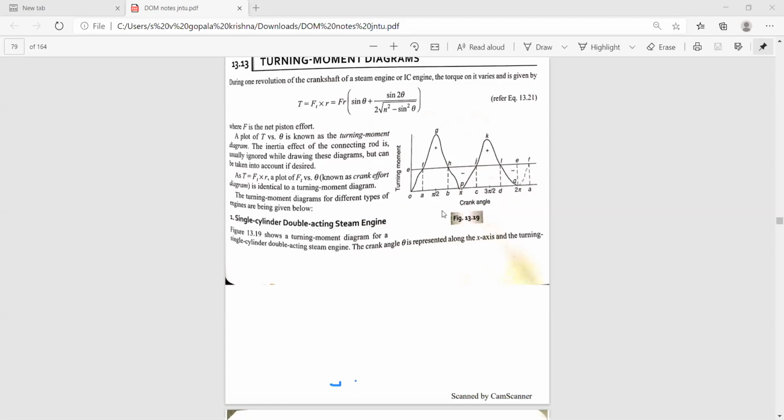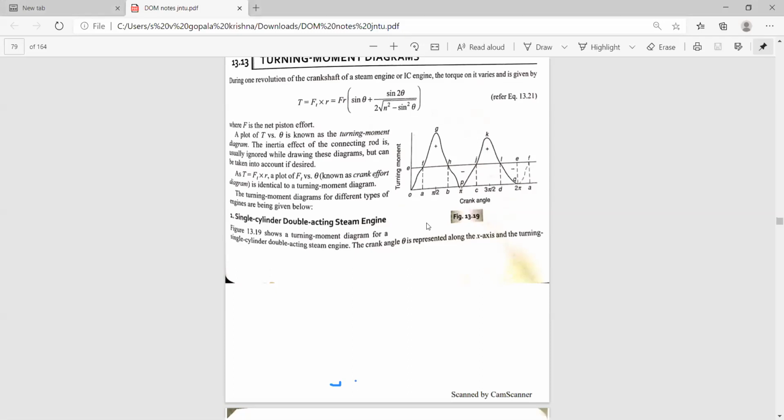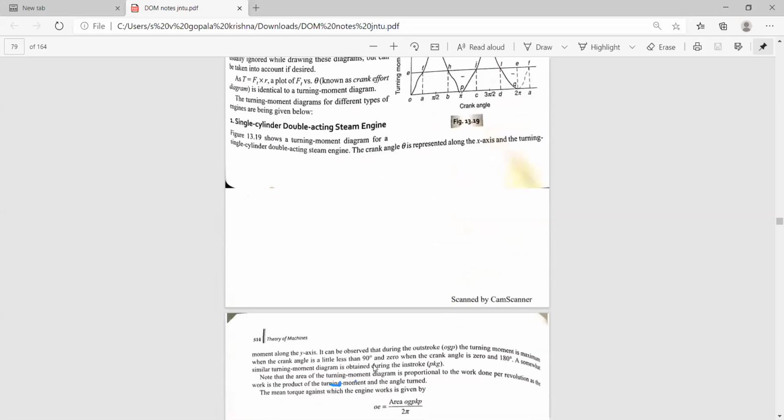It is already represented here in our figure 13.19. In this, the mean torque line is taken.